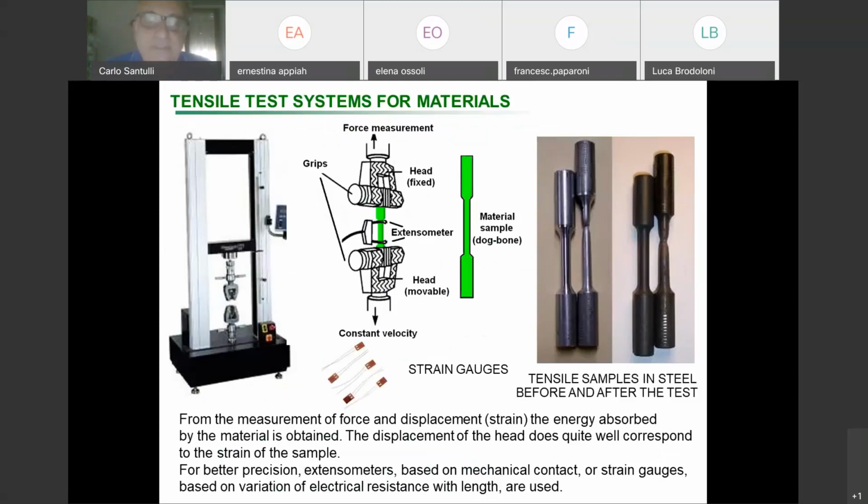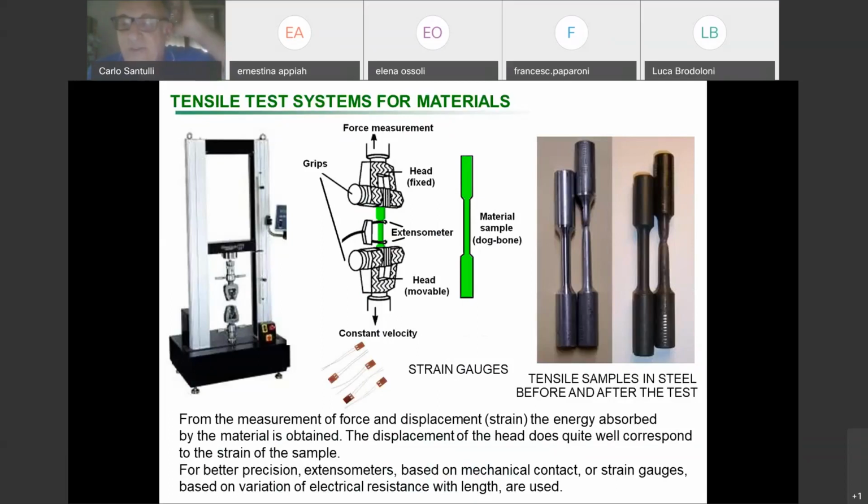Your sample is pulled because one of the heads is movable, connected to the engine, and as I was saying, the other is not. So it's firmly kept by the grips, which is not always obvious, not for all materials. And then you start pulling. Here you can see the necking.